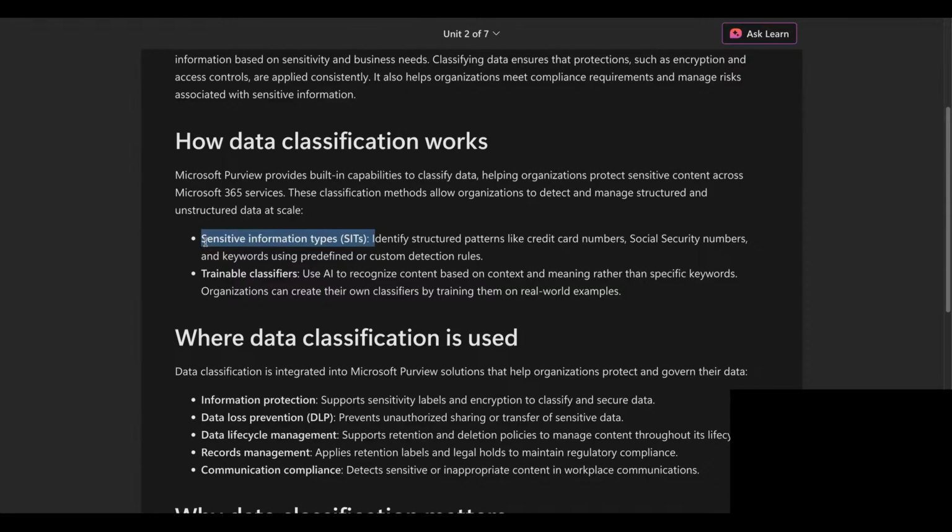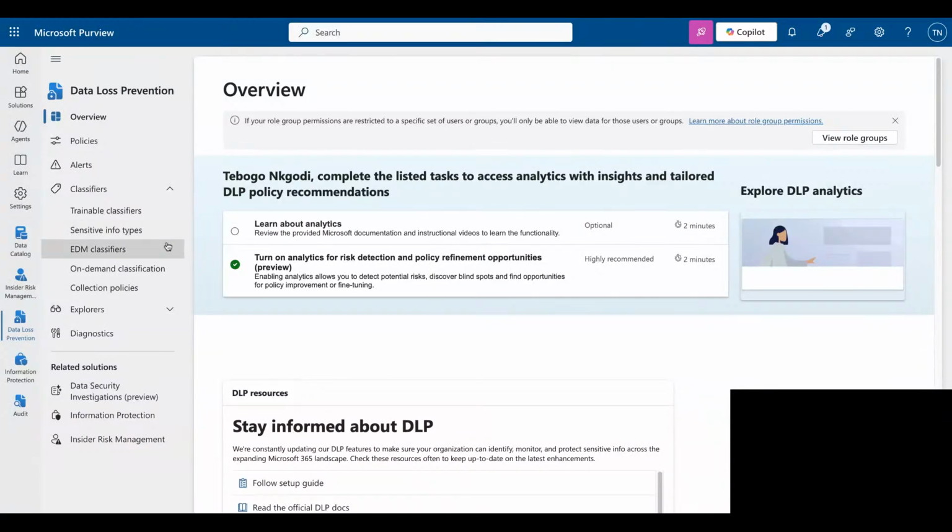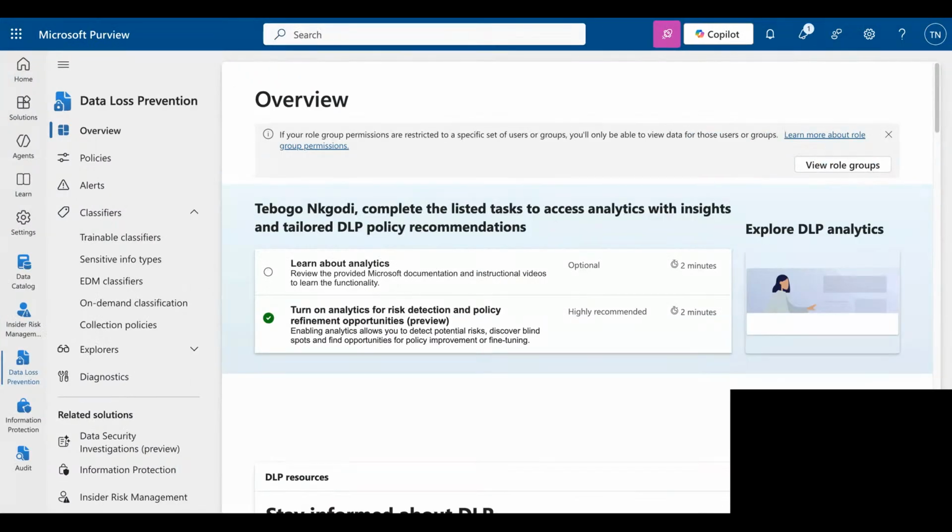which is this one here, sensitive information type. Okay, let me increase my screen size and then you can see a bit better.